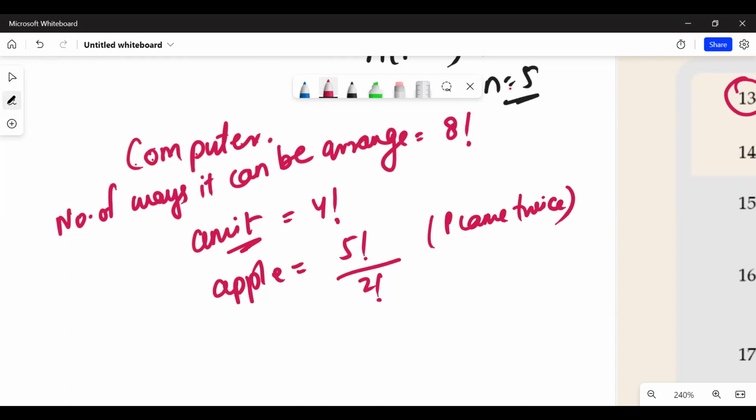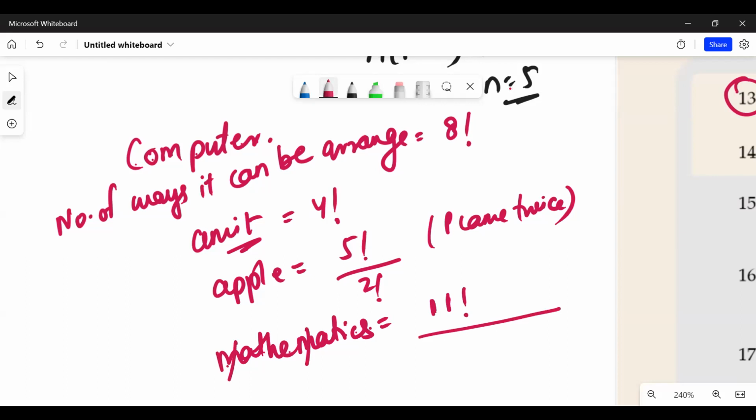Like suppose I write mathematics. So this would be 1, 2, 3, 4, 5, 6, 7, 8, 9, 10, 11. So write 11 factorial, divided by M came twice, 2 factorial, then A came twice, 2 factorial, then T came twice, 2 factorial.